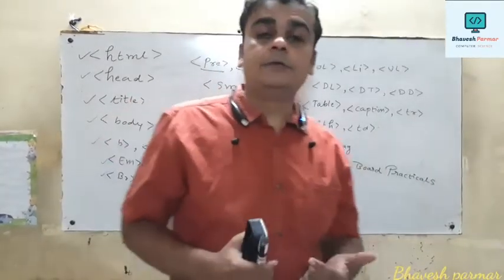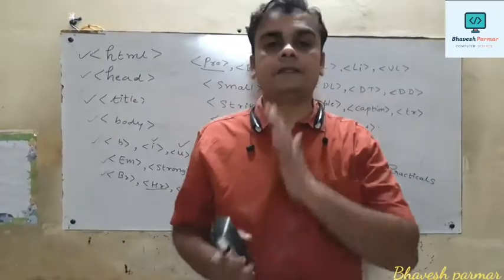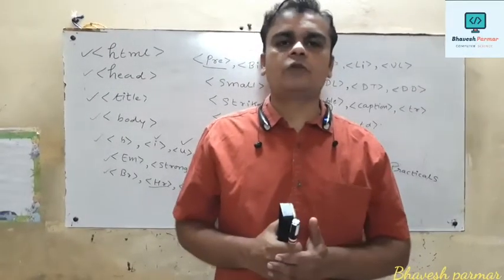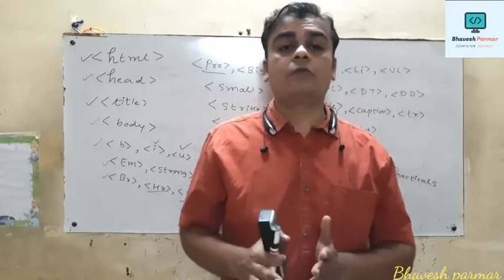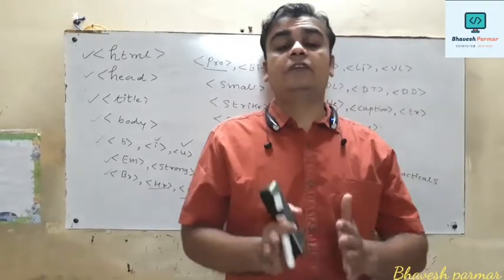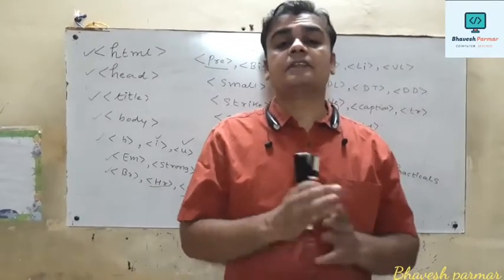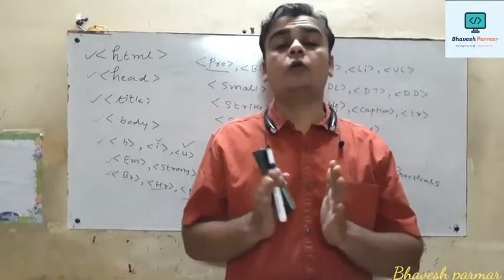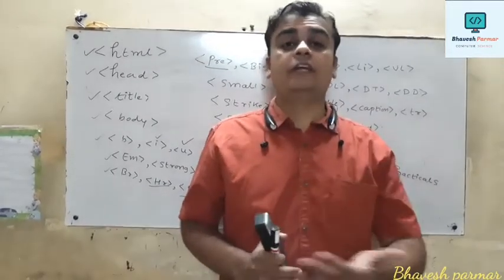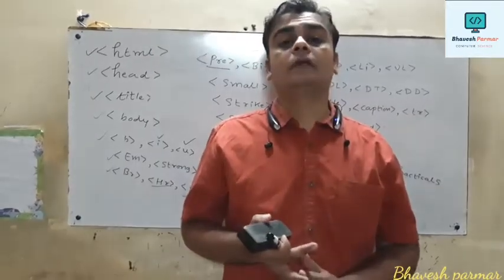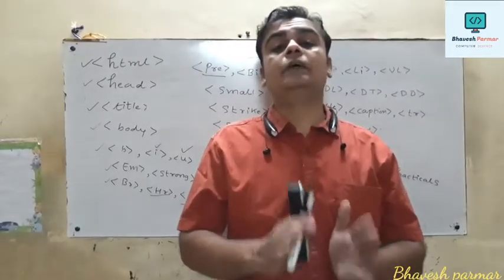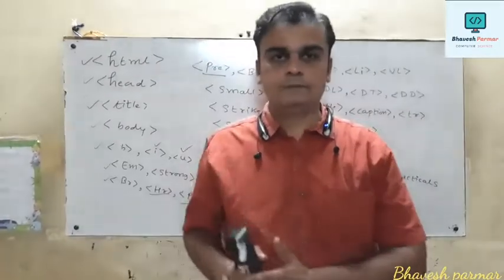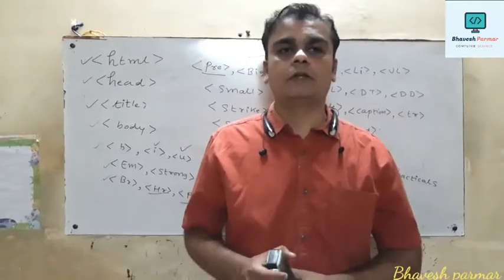Thereafter the next attributes are height and width. What is the use of the height and width attributes? There are different size images available, so if we want to control the size of an image, we can use the height and width attributes by giving their values in terms of pixels. It will be more convenient for us.